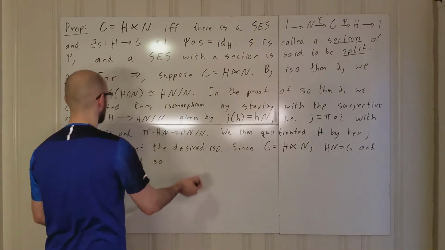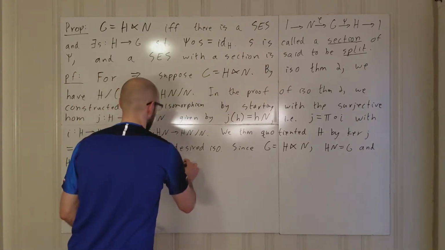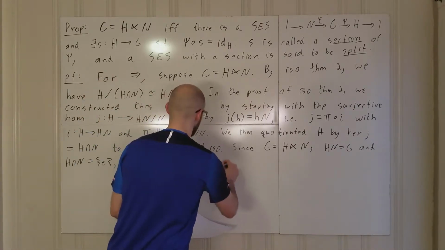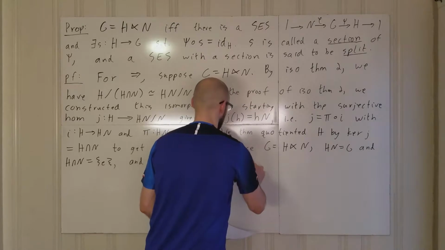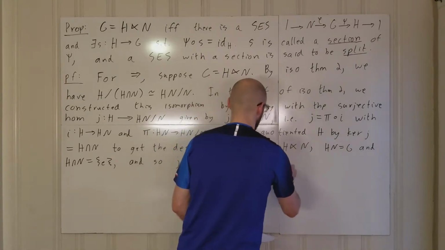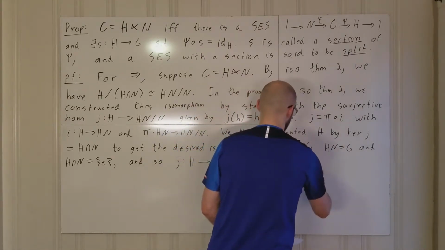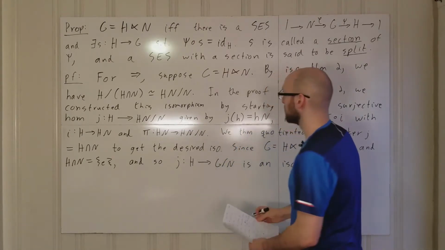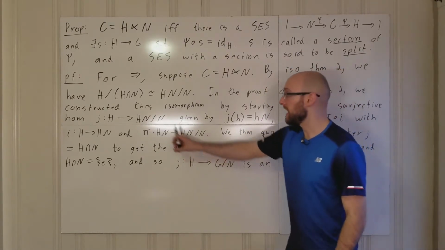And so J is a map from H to G mod N, and it is an isomorphism, because G is exactly HN.